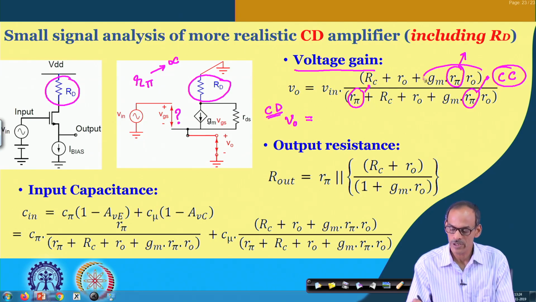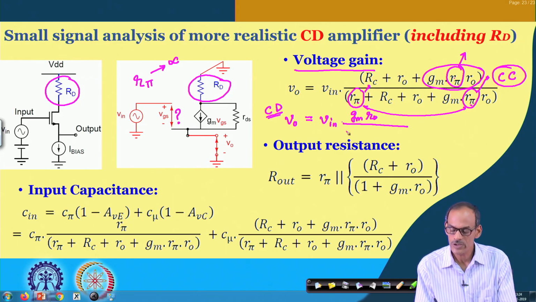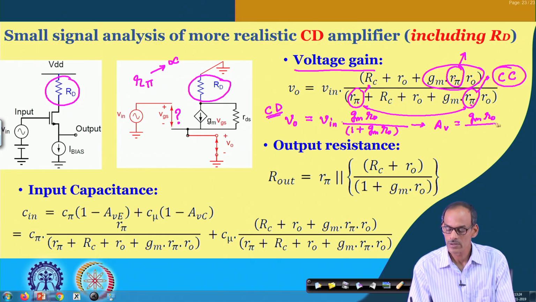Namely, in the numerator if I keep this term, and in the denominator if I keep this term and this term, and then if I pull out this r pi and cancel it, what we will be getting here is V in multiplied by G m into R naught in the numerator, and in the denominator we will be having 1 plus G m into R naught. So, from here directly we can say that the voltage gain is G m into R naught divided by 1 plus G m into R naught.